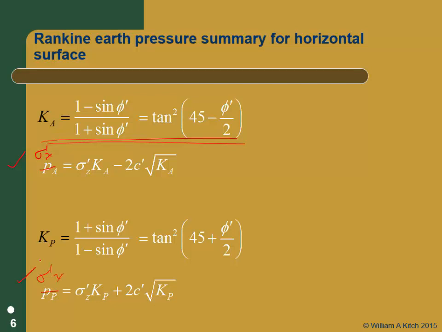And sigma prime x is going to be sigma prime z times Kp plus twice the cohesion times the square root of Kp. So those are our definitions. That's how we're going to define it. And if we define Kp and Ka in that fashion, these are the equations. These are the equations you'll see published in all your textbooks, and the ones that are in the FHWA manuals and the sections I asked you to read.